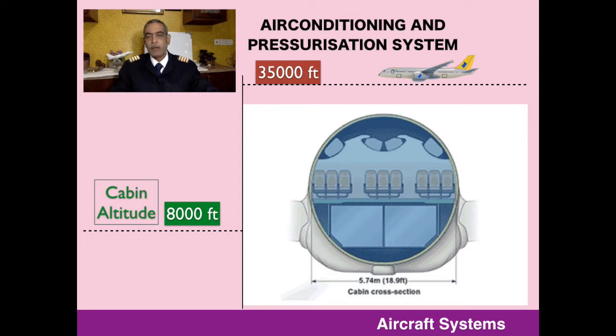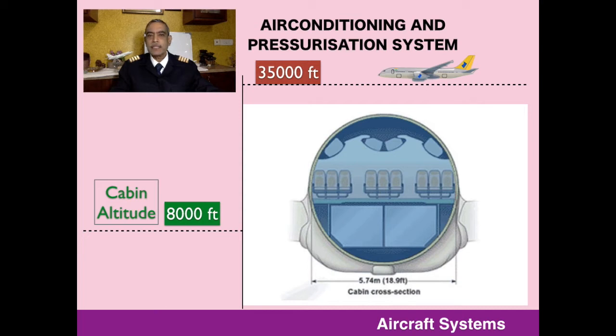So it almost builds up to 8 times the differential. That means outside to inside it's 8 times. And as per the regulations, any passenger plane carrying passengers is to maintain the cabin altitude at about 8,000 feet.